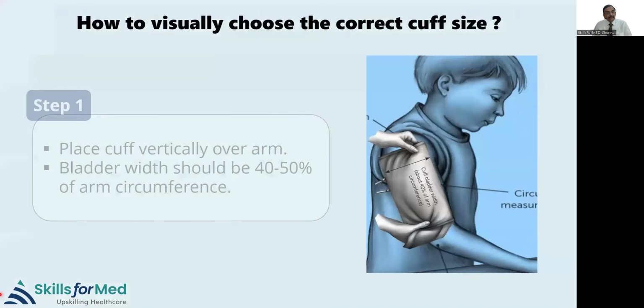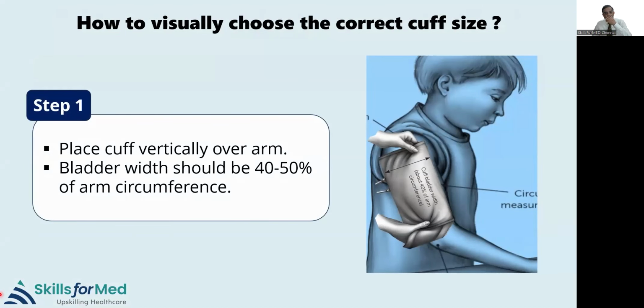So now I'm going to tell a method which is more practical, how to visually choose the correct cuff size. This is how we do it all the time, but do you have a methodology? So this is a methodology, 3 steps you have to follow. One is you place the cuff vertically over the arm. And then as the cuff folds over the arm, that fold should cover 40% of the arm circumference.